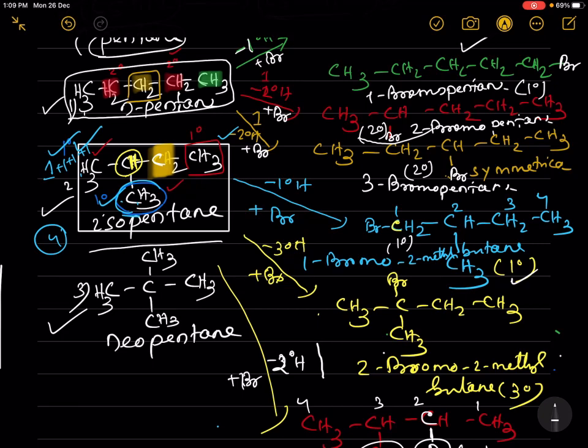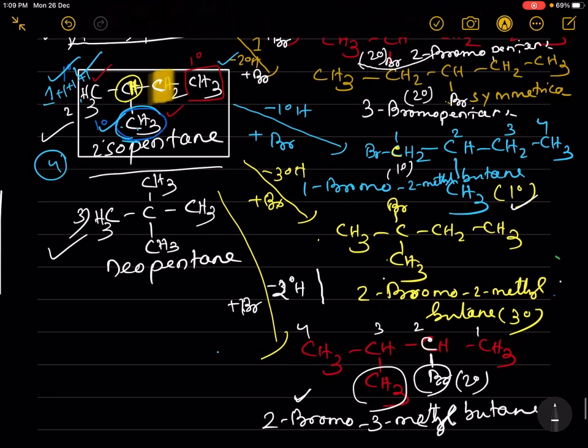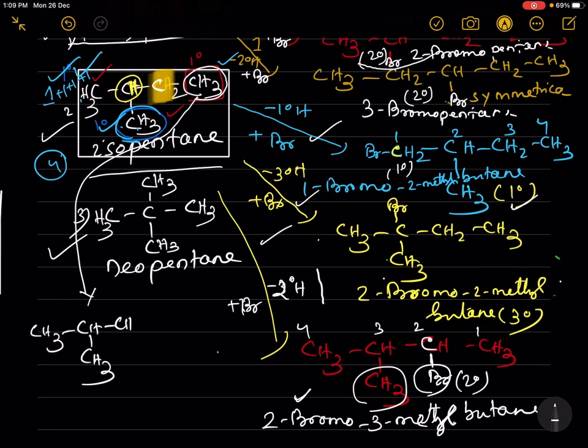You see, in the case of isopentane you have found 3 structures, but another structure will be there by removing a hydrogen atom from this carbon. Let me draw over here. First, draw the structure: CH3CH, CH3, CH2, CH3.